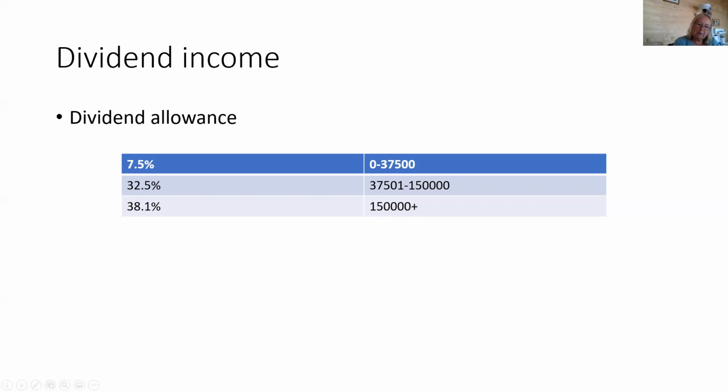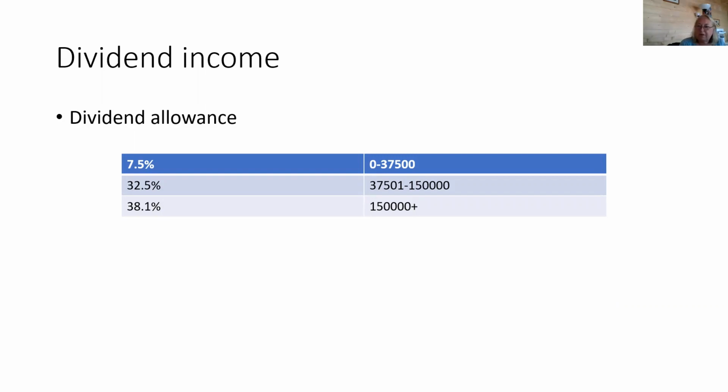So you've got to keep going back and asking, well, if the taxable non-savings, non-dividend income plus total savings plus the dividend allowance is less than 37,500, then I can use the basic rate of 7.5%. But if it exceeds 37,500, then that dividend income is going to be taxed at 32.5%, and so on.